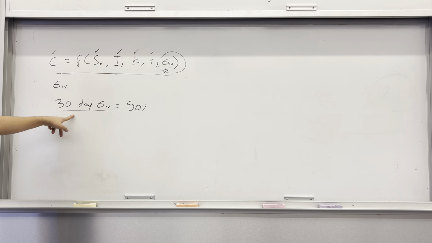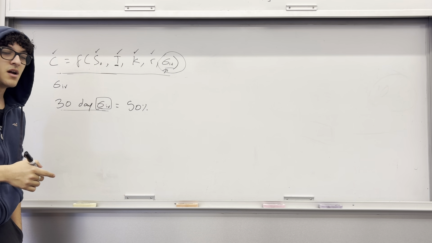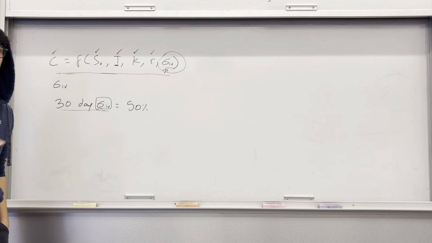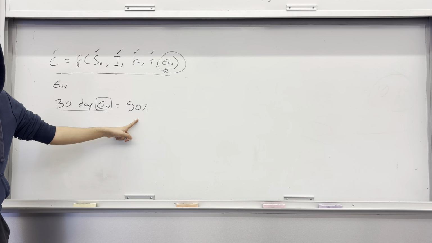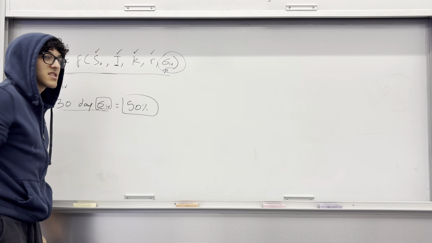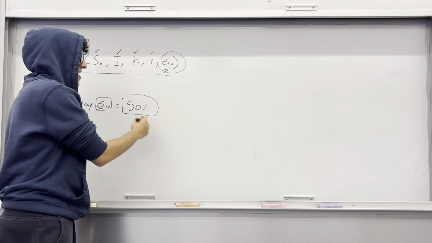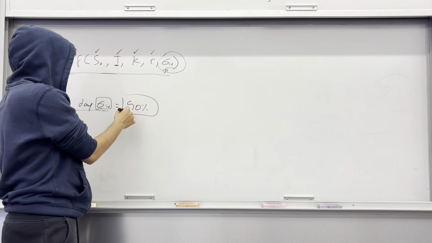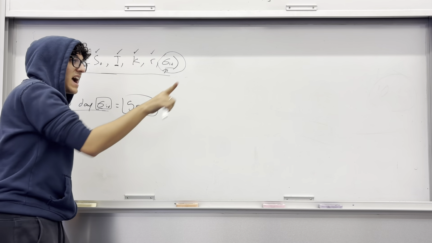So in 30 days, if the implied volatility is 50%, that means that the market in general, the market participants, everyone who's buying and selling that exact option, thinks that the price is going to move 50% in 30 days. Does that make sense? Yeah.